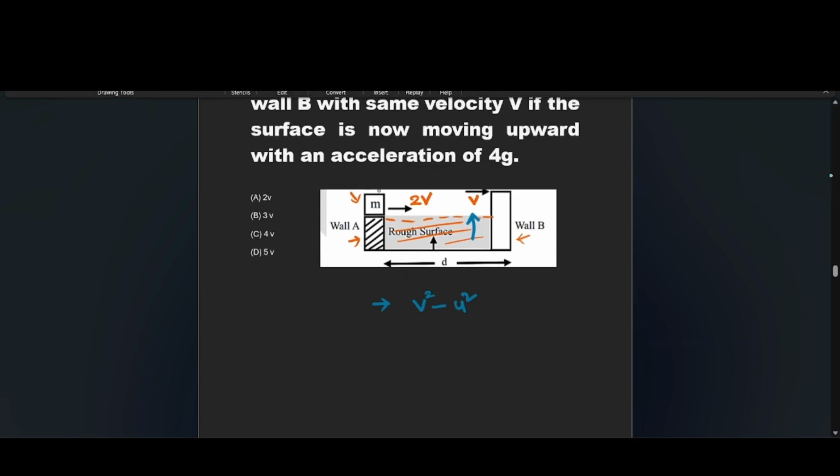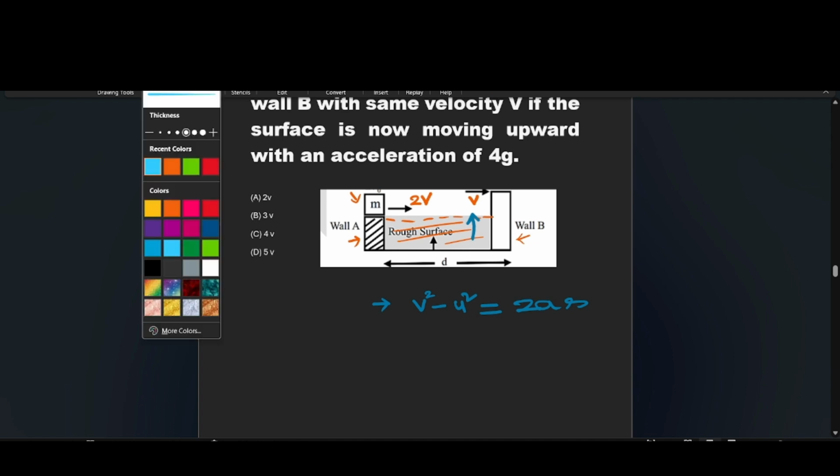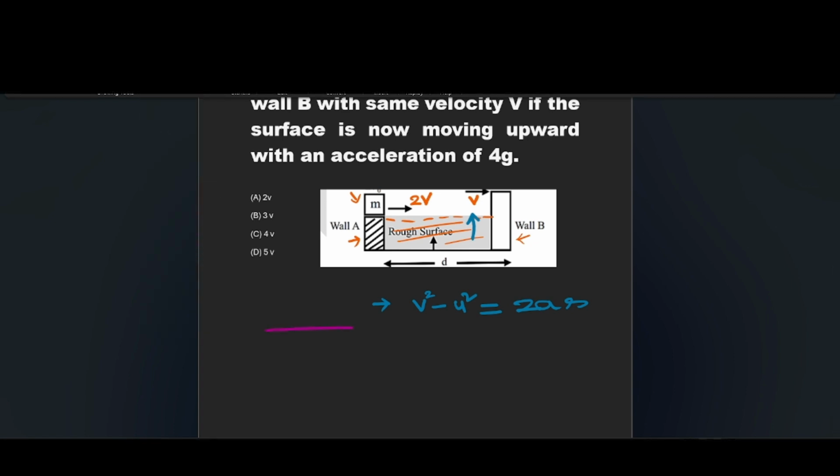So v square minus u square equal to 2as, and here acceleration is deceleration. When you substitute, you have to take minus 2as. Okay, this is the basic formula you can use. Another concept here we use is the friction concept. On the rough surface the block M is taken, its weight acts vertically downward and normal reaction is upward.